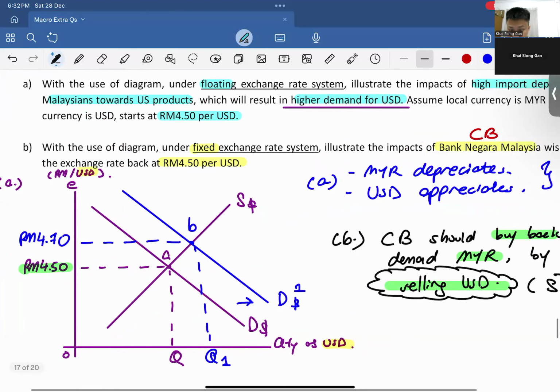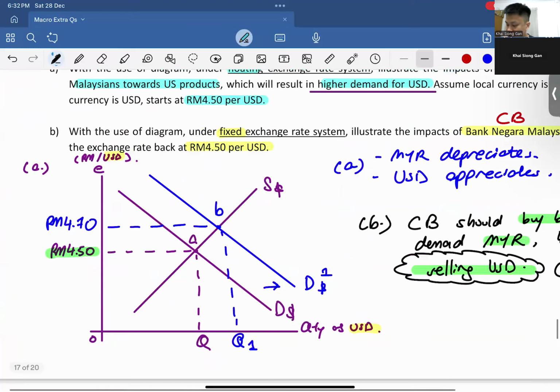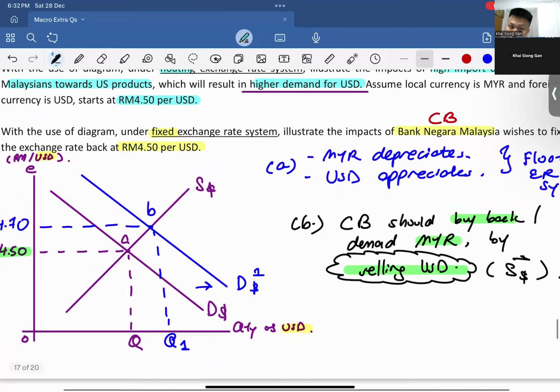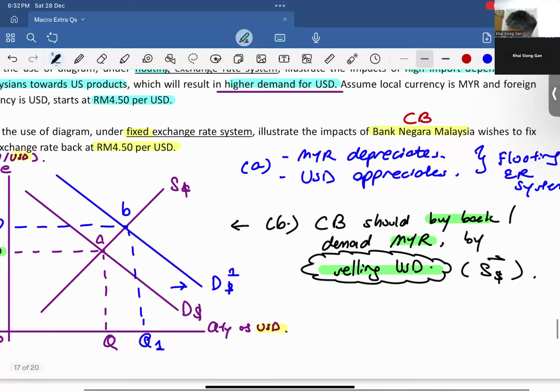Up to you, as long as your answers are clear. You can redraw this again for question B and only shift the supply curve, or shift on the same graph. It depends on how you structure answers. For question B, let's say I do the answers together on the same graph.